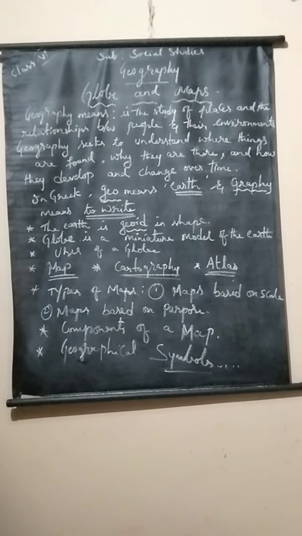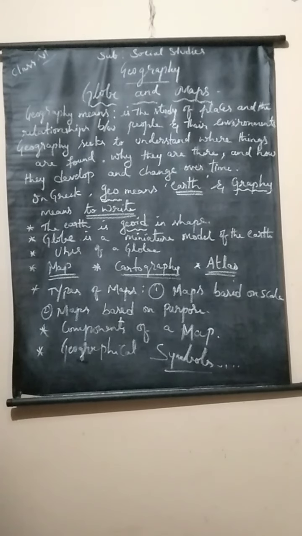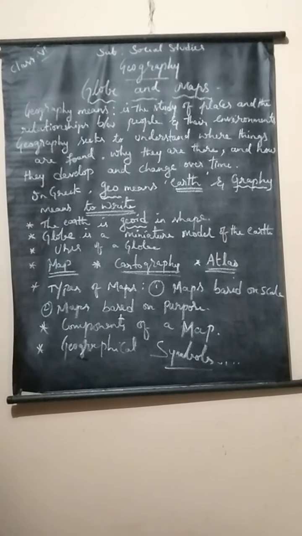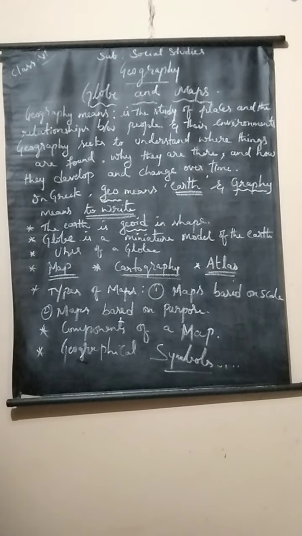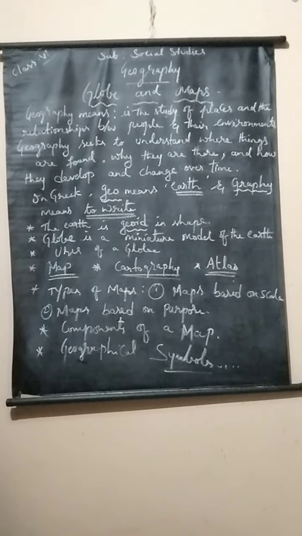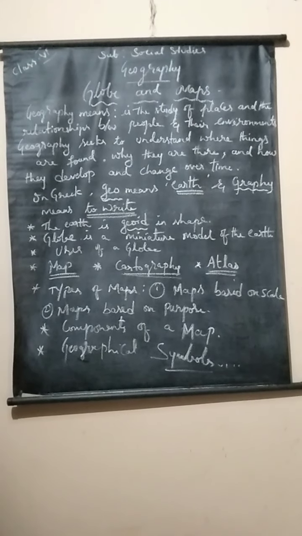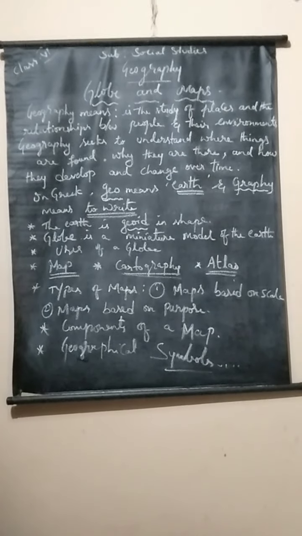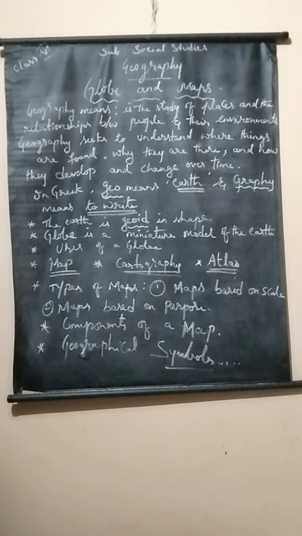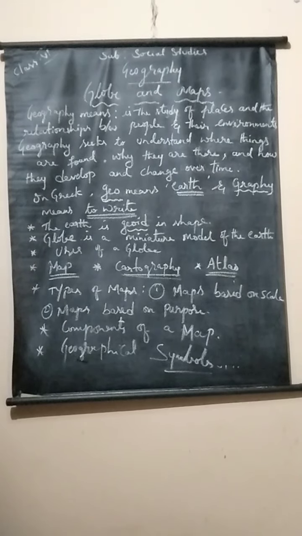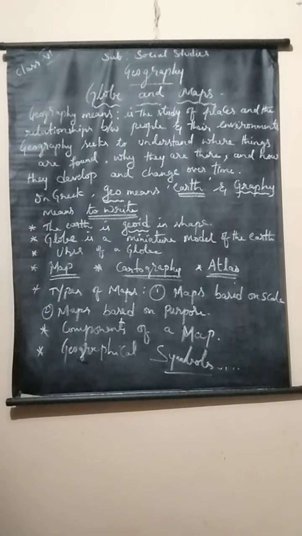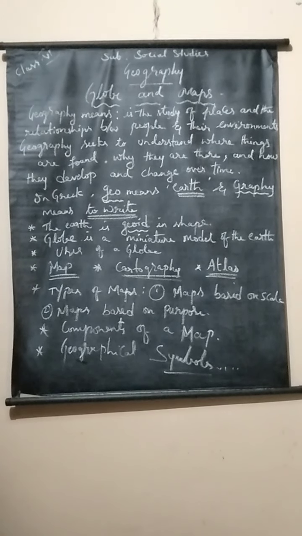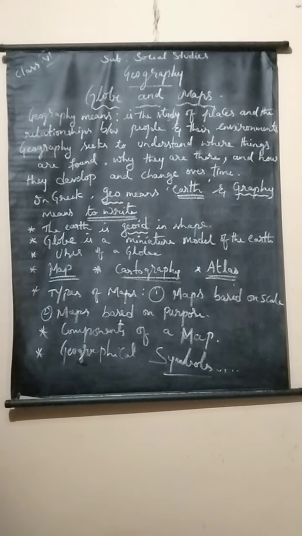Direction. In a map, the direction is shown by a symbol of an arrow with the letter N on the top. Have you seen it in the map? Yes. The head of the arrow points to the north. Once you know the north, you can easily find out the other directions. Index or key.